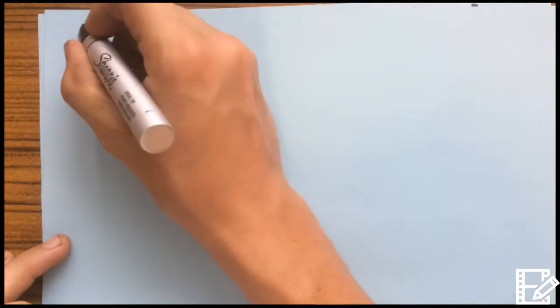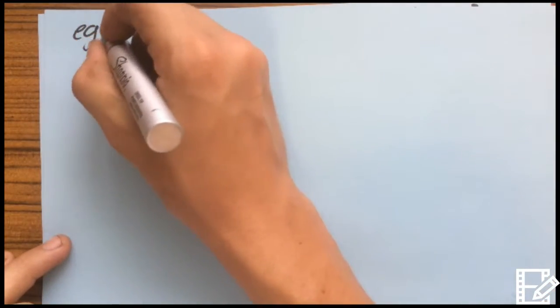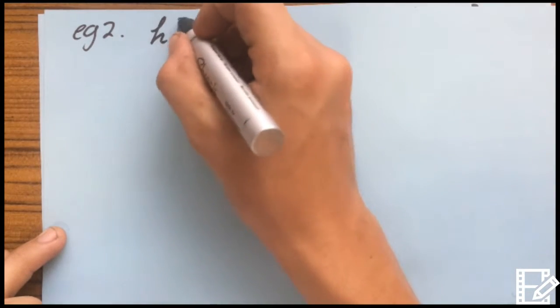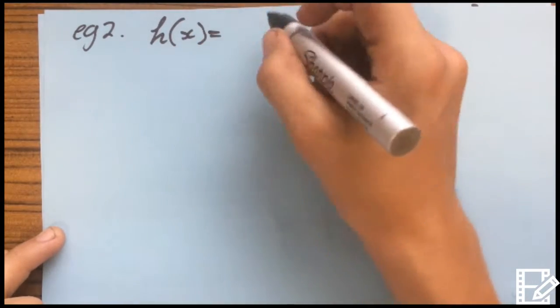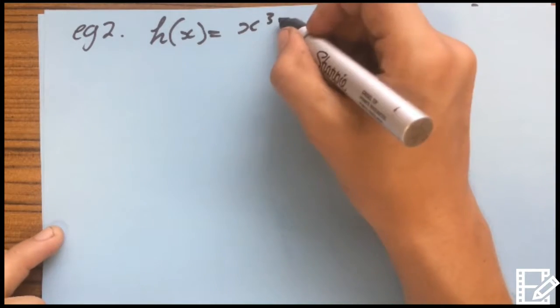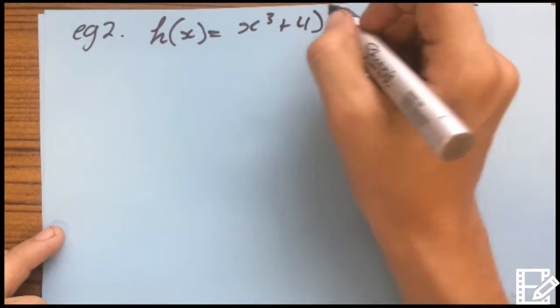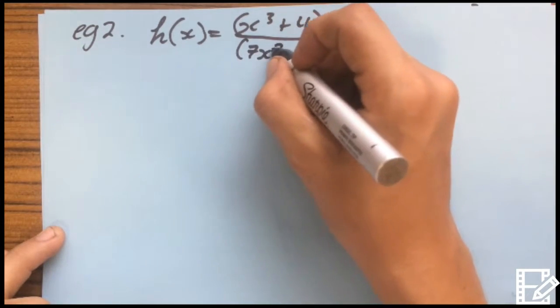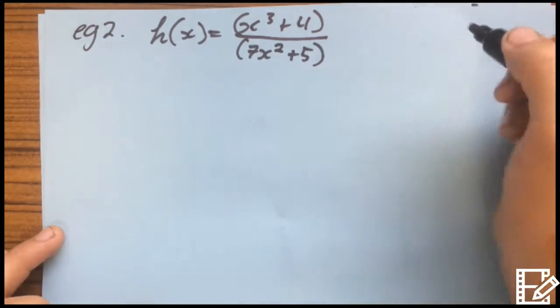Do another example. So, let's say x to the power of 3 plus 4 over 7x squared plus 5.